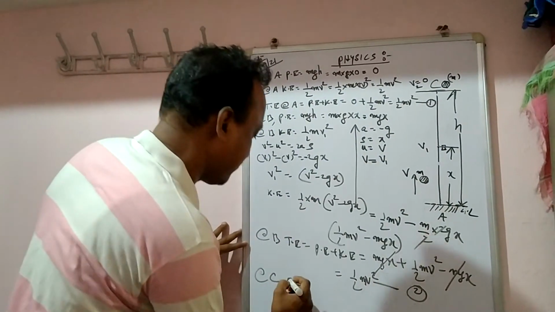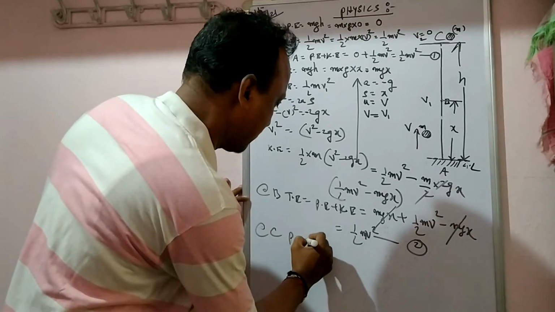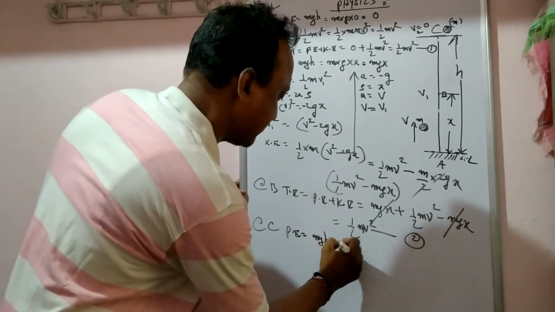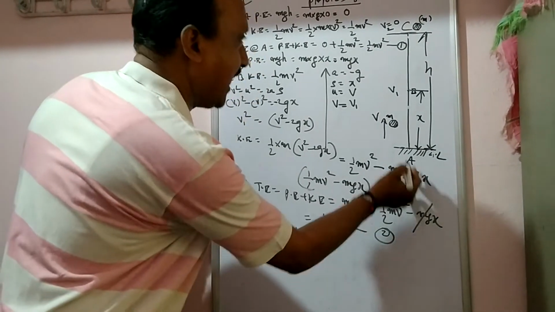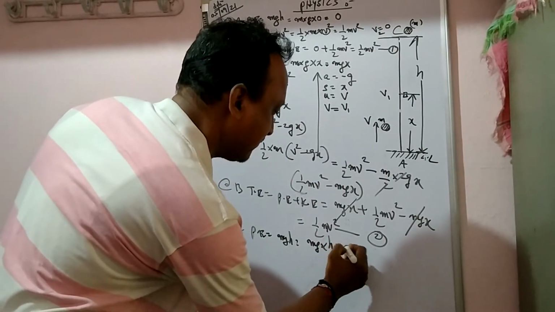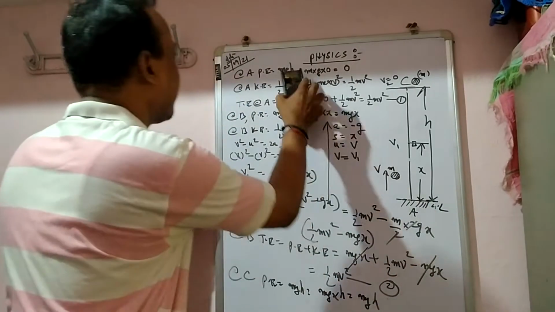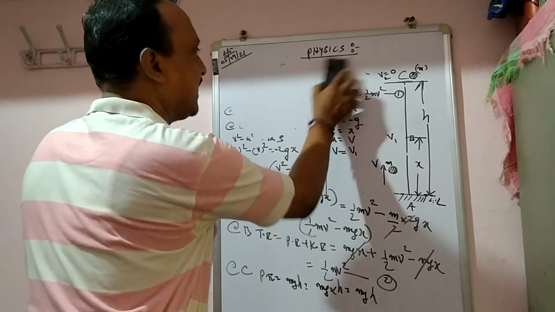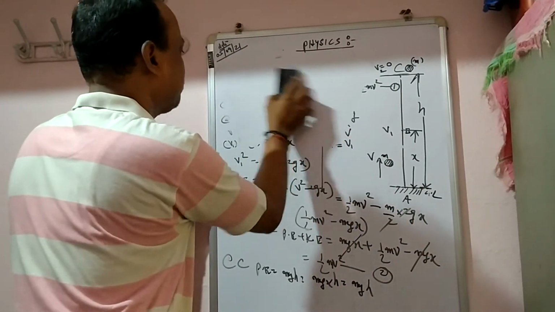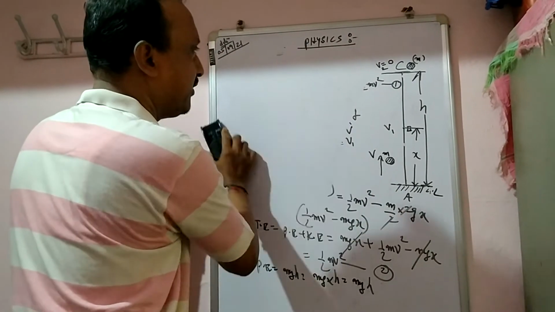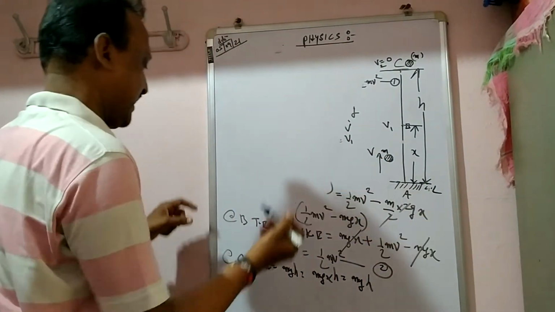Therefore at C, first of all, the potential energy PE is mgh, that is mg into height, from A to the highest point the height is h, that is equal to mgh. So I have calculated the potential energy at the highest point. Now I will calculate the kinetic energy.